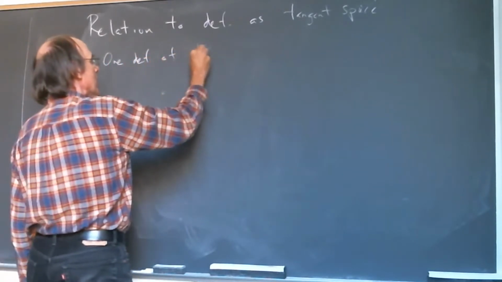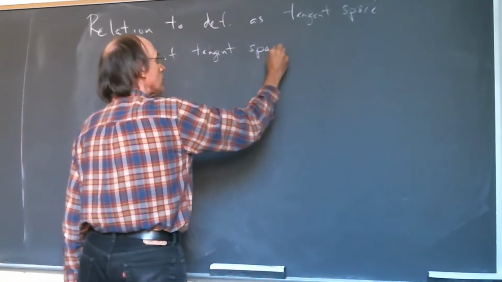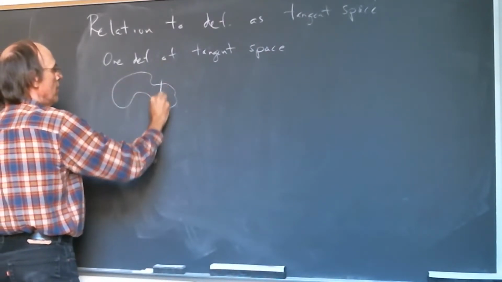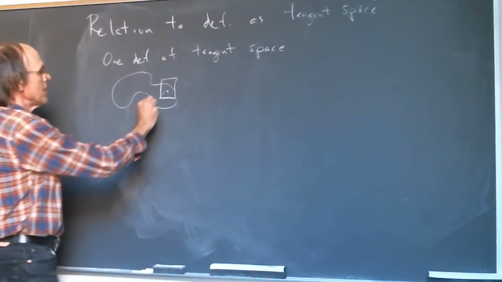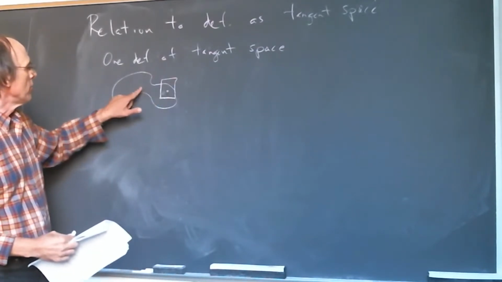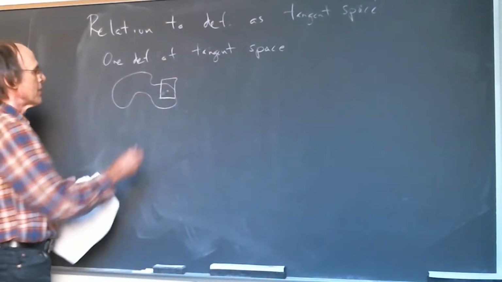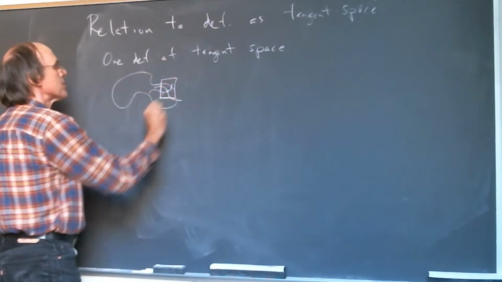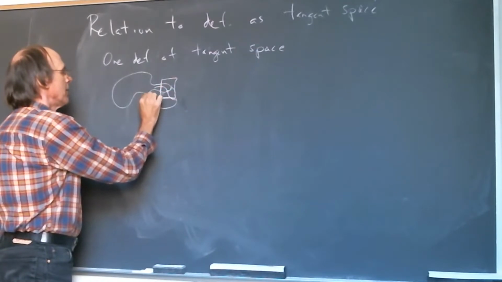One definition of a tangent space: you've got some arbitrary curved manifold, and you've got a tangent space at a point. What you do is look at all curves in the space going through this point. They had better stay in the manifold.